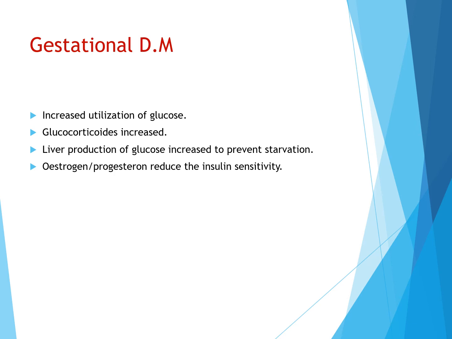Another type of diabetes is gestational diabetes, or the diabetes which comes up during pregnancy. Now, this diabetes usually is because of the hormones estrogen and progesterone, which reduce the insulin sensitivity.